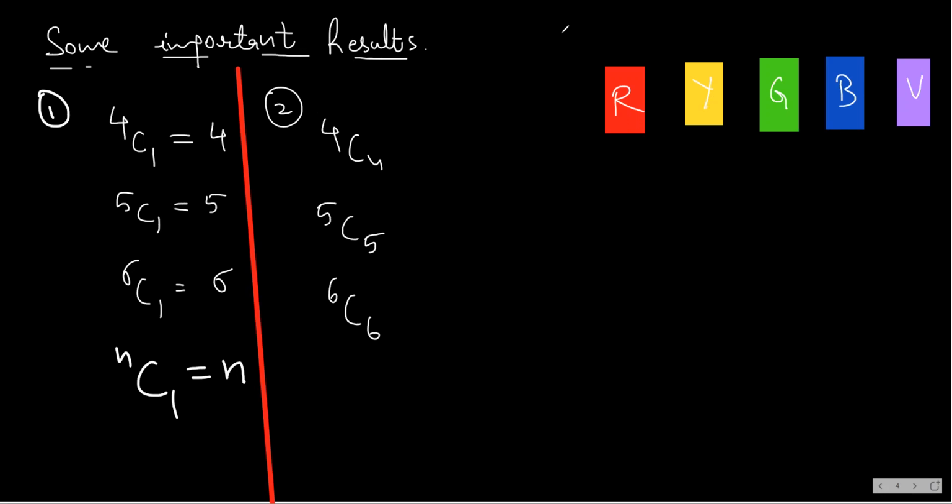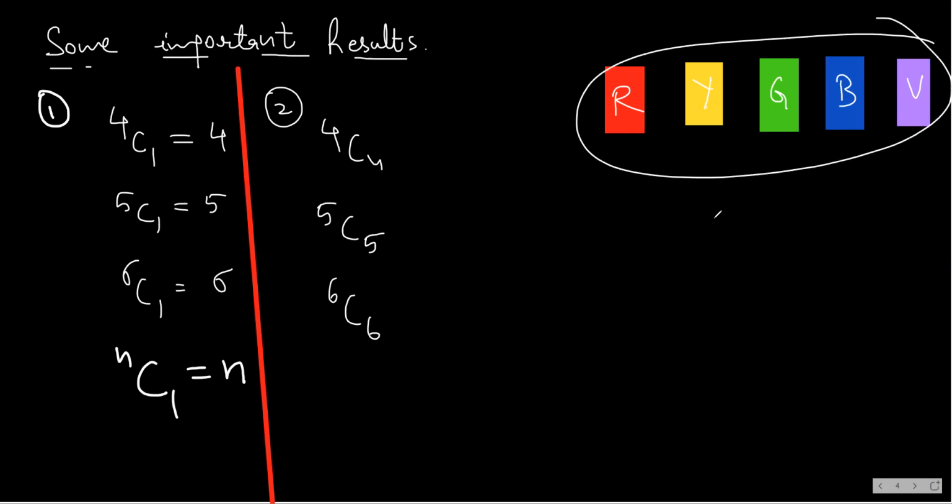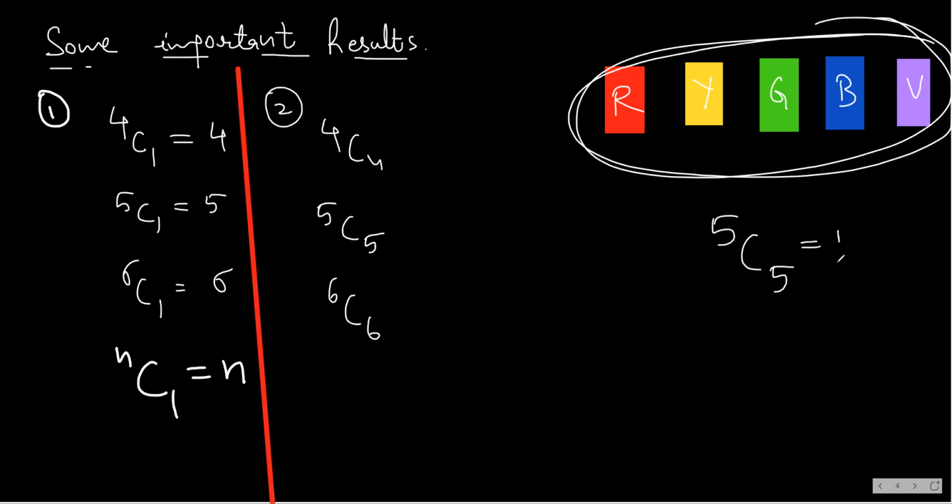Now I'm taking all 5. Then only I can say 5C5. So if you have to take all 5, in how many ways can you take them? You can take them in just one way. And what is that way? RYGBV. That's it, because you're taking all 5.